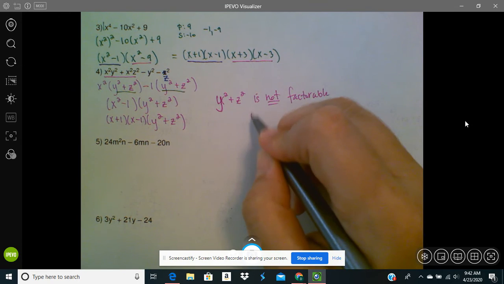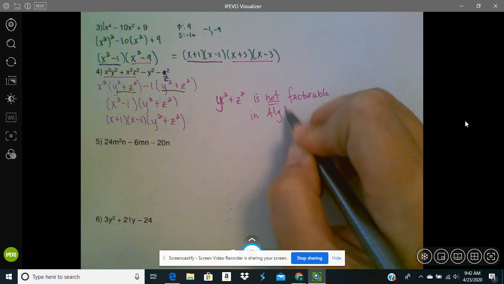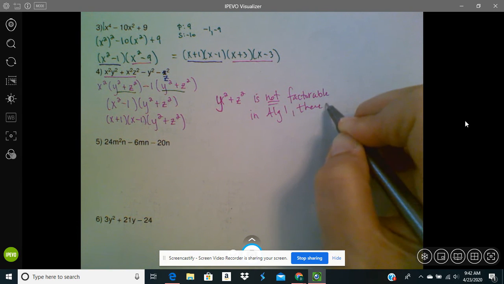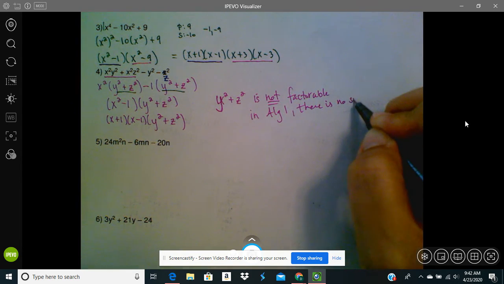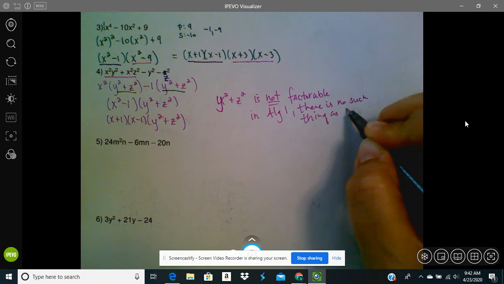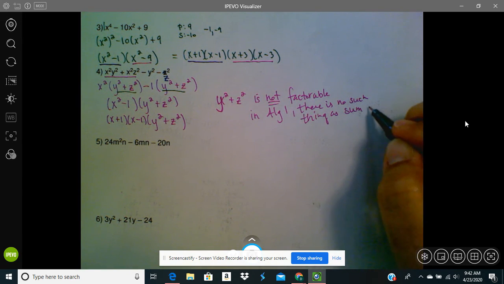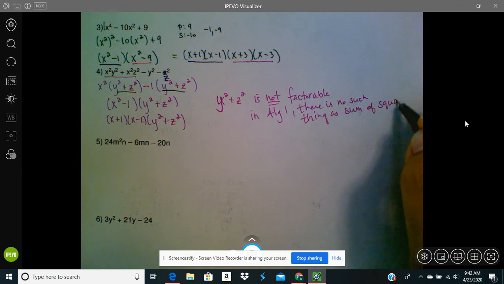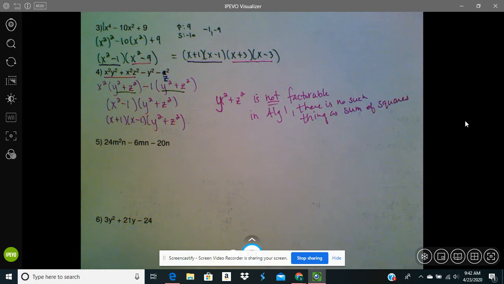In Algebra 1, there is no such thing as a sum of squares. So don't try to do it. All right. Take a minute and look that over.